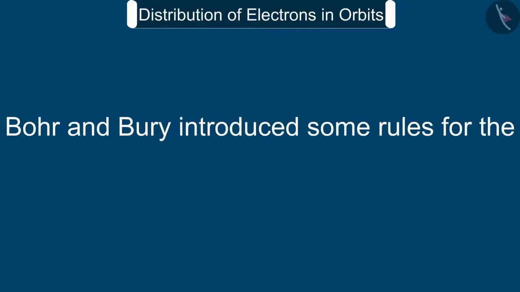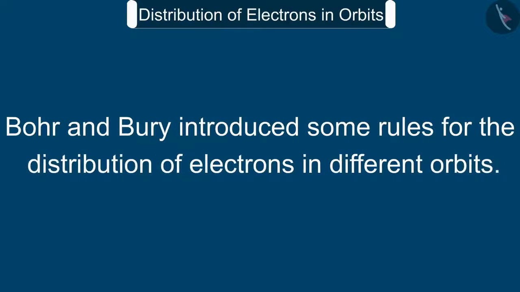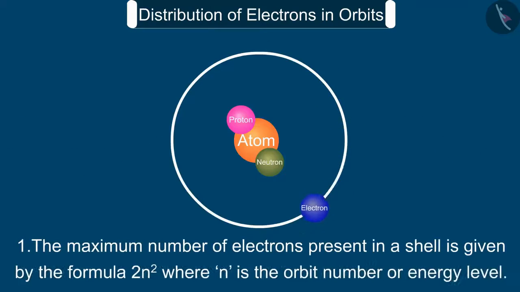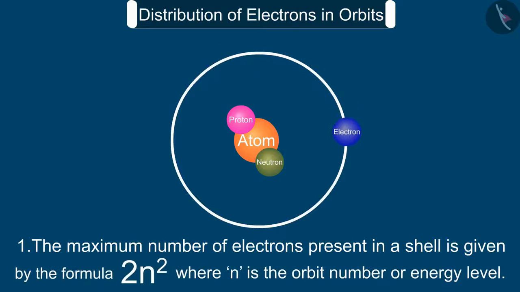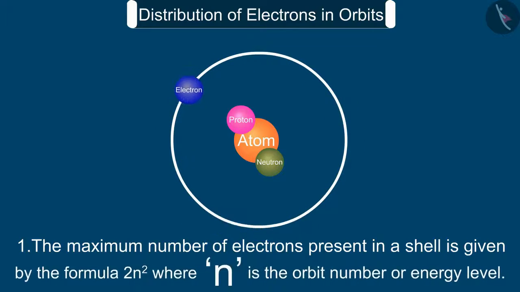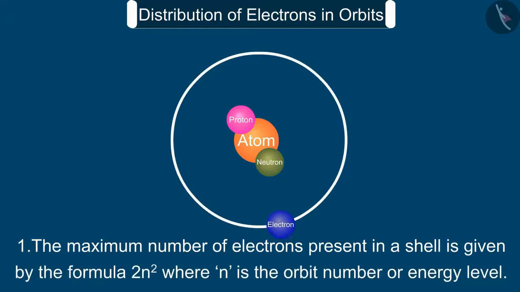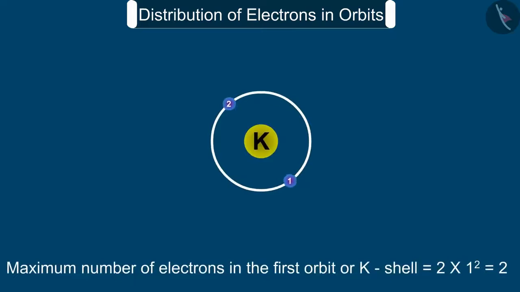Bohr and Bury introduced some rules for the distribution of electrons in different orbits. 1. The maximum number of electrons present in a shell is given by the formula 2n square, where n is the orbit number or energy level. Therefore, the maximum number of electrons in the first orbit or K shell is equal to 2 into 1 square, that is 2.